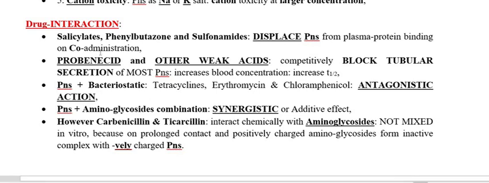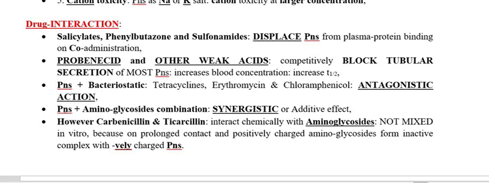Next is drug interaction with salicylate, sulfonamide, and phenylbutazone. These displace penicillin from the plasma protein binding sites, and therefore we avoid using them together.